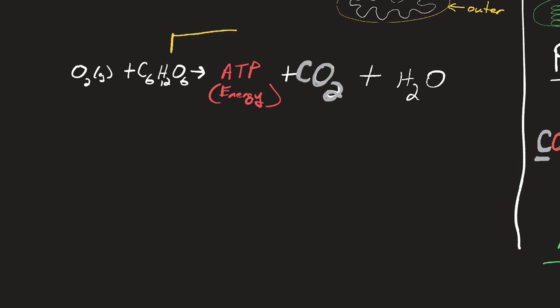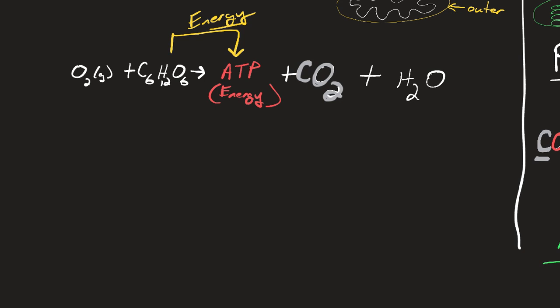The energy goes here. The energy that plants put into sugar goes into ATP. That's correct. Where does the rest of that sugar go? Where's the mass go? Where do the atoms go? CO2.